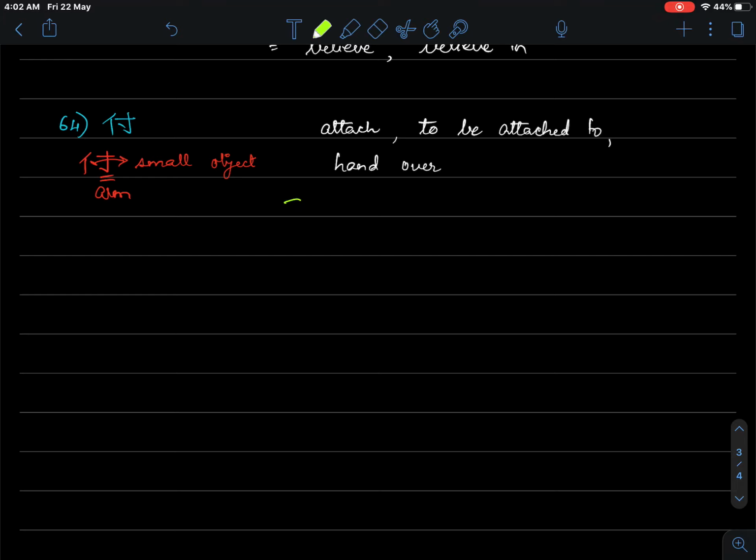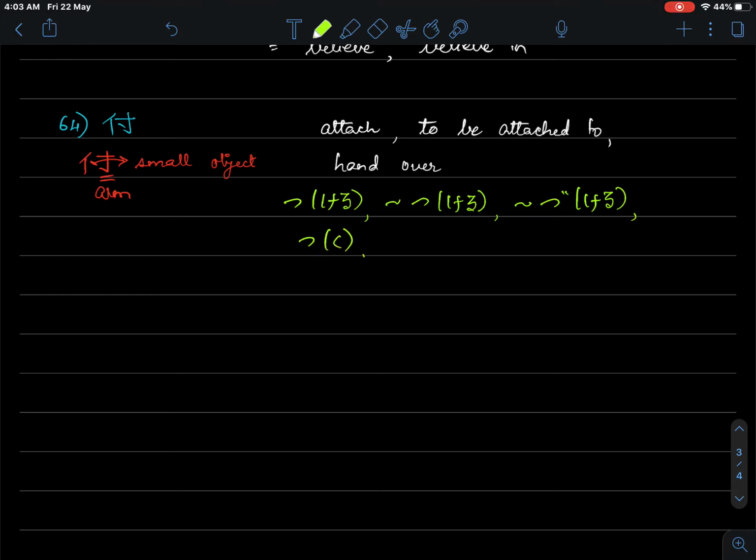So the first, tsukeru. I should rewrite that. Tsukeru. Then you have zukeru, very similar.